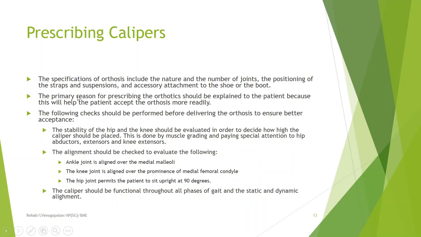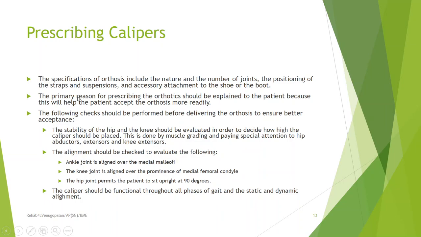If you don't check this alignment and you prescribe a caliper, then there are chances that the caliper would do more damage. Like it would probably increase or aid in the disability rather than resisting it, right? Lastly, a caliper should be functional throughout all the phases of gait and the static and dynamic alignment.